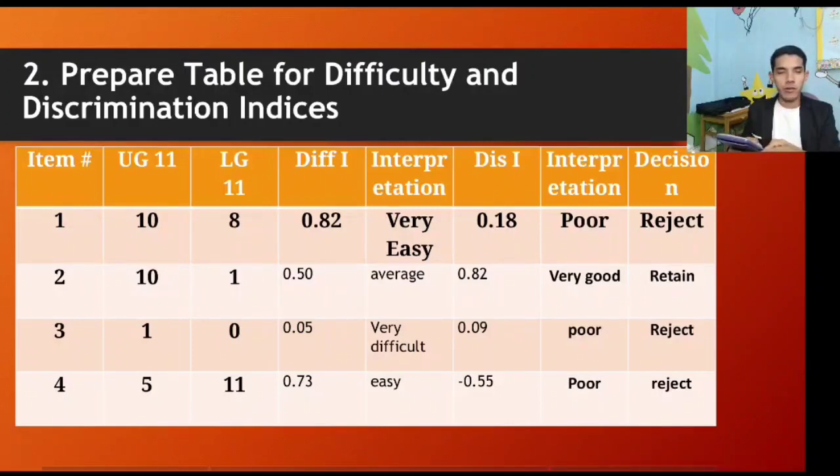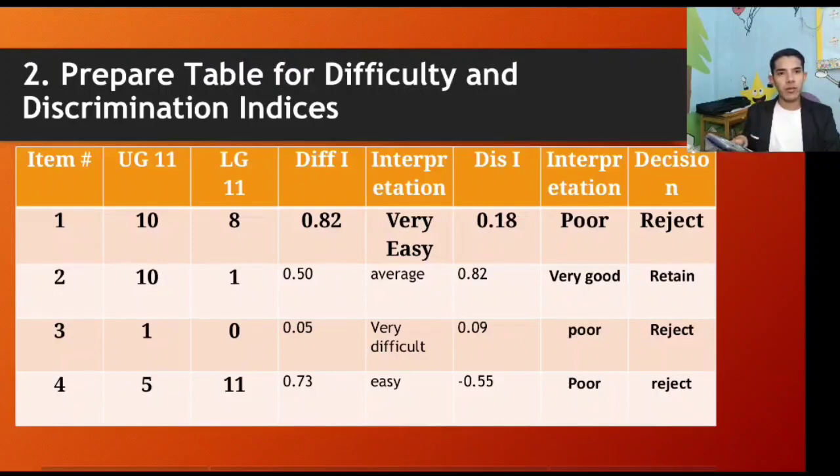We have 18, divided by the 54% of the test takers, which is 22. When you divide it, the answer is 0.81, or rounded off to 2 decimal places, 0.82.